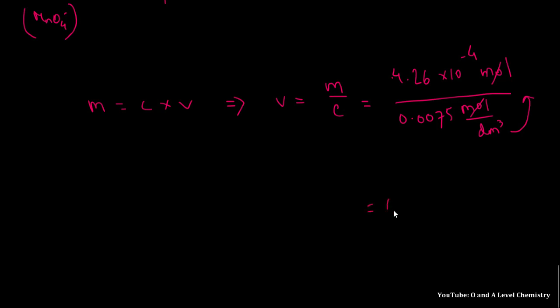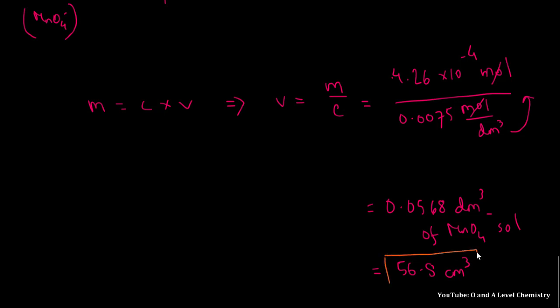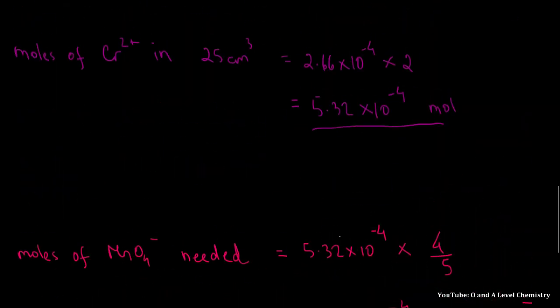So what we have here is 0.0568 dm cube of manganate solution. In cm cube, this is going to be times 1000, so that is 56.8 cm cube. Don't worry about the acid because it's just to acidify it. It's not reacting with the MnO4 in this case, so we're not going to worry about that.